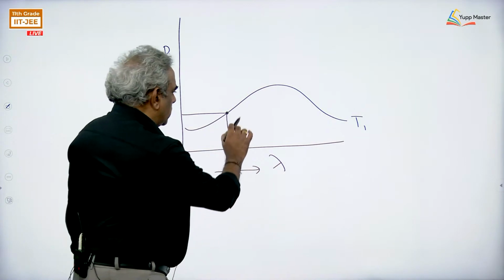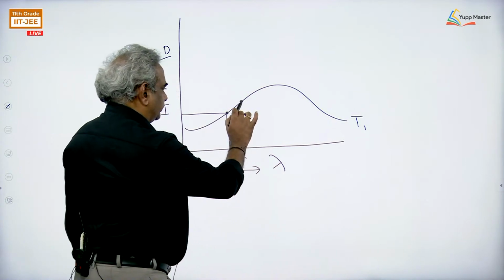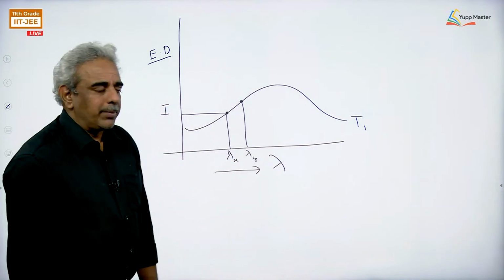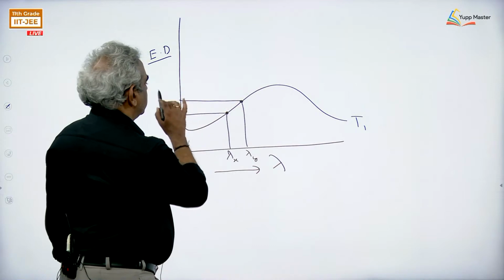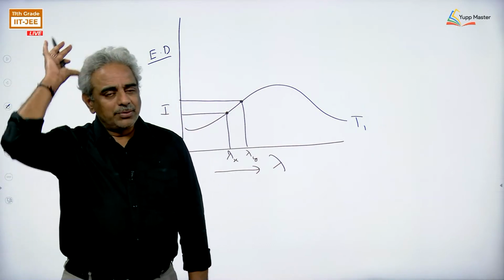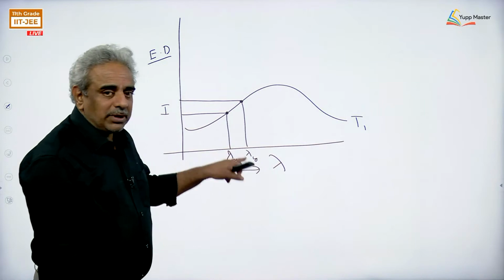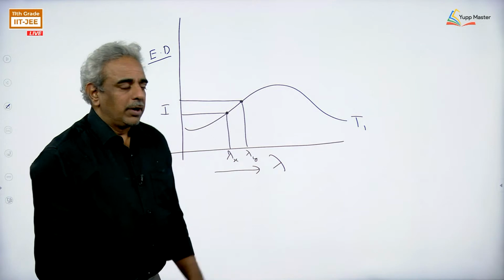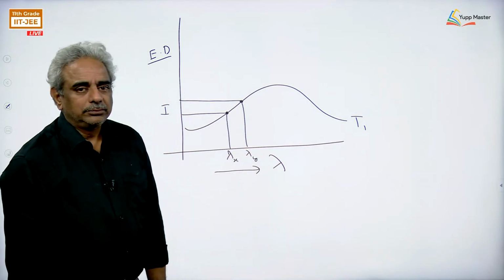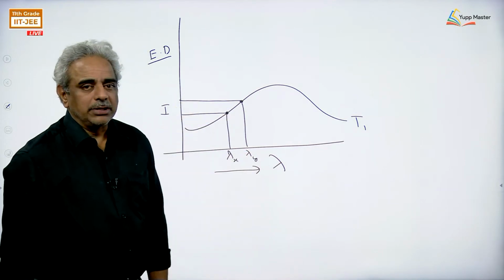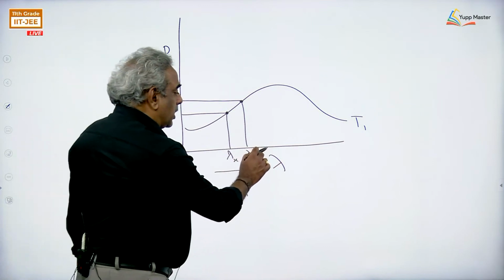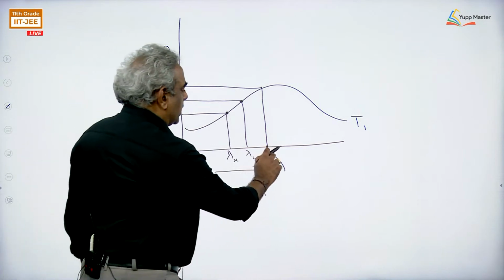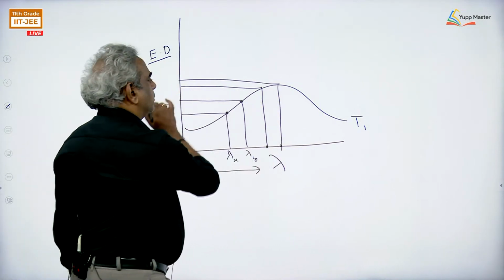Now one more radiation will take. Lambda is more, more energy density. What did you observe? One radiation with less lambda is emitted with less intensity. Another radiation with more lambda is emitted with more intensity. Some more higher lambda, high energy density. Still higher lambda, highest energy density.